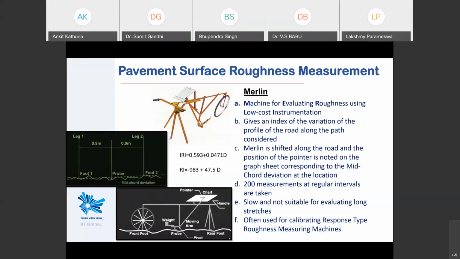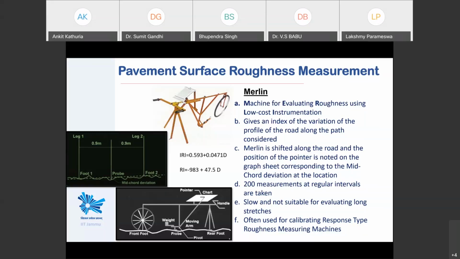But there is one thing. This is definitely used for calibrating response type roughness measuring machines like the fifth wheel bump integrator, because the bump readings are affected by several factors, which can be the tension in the spring of the wheel, the tire pressure, and the condition of the towing vehicle, speed, etc. There are various factors which affect the readings of the response type roughness measuring machines.